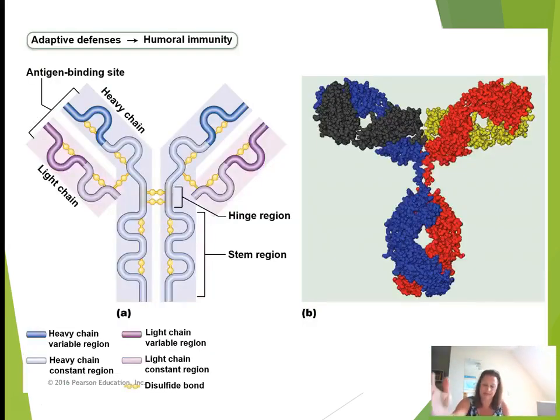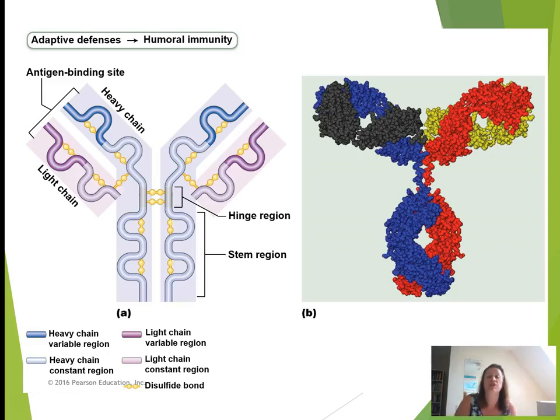So what's an antibody? An antibody is basically a 4 polypeptide chain. We have 2 heavy chains. We have 2 light chains. We have the constant region and the variable region. So most antibodies are going to look the same. Their constant regions are going to be the same.